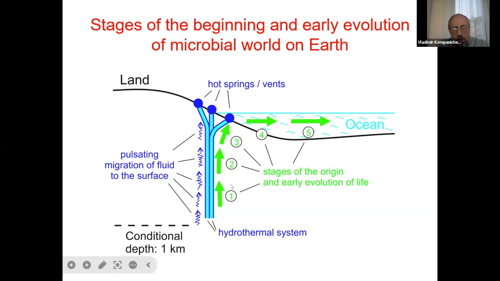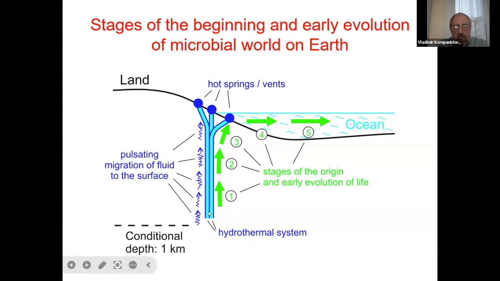Second stage, intermediate state between life and non-life. Higher, then formation of subcells, and the fourth stage is progenotes, and further evolution up to prokaryotic cells.